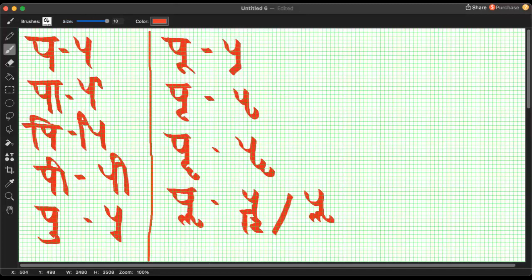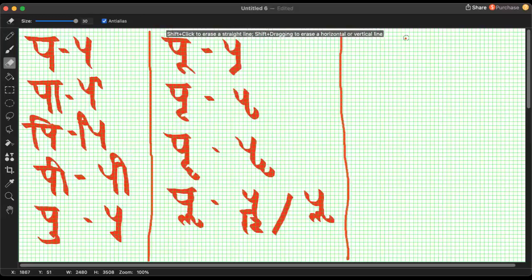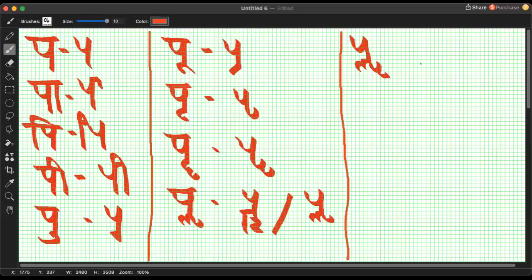Then we have Lr. If you're writing this, just write P, and you have this line here for the Lr matra.